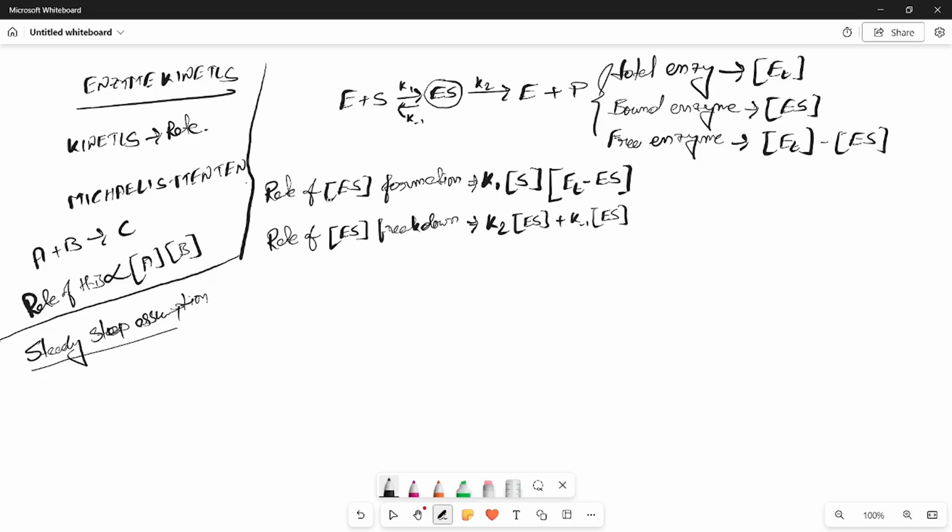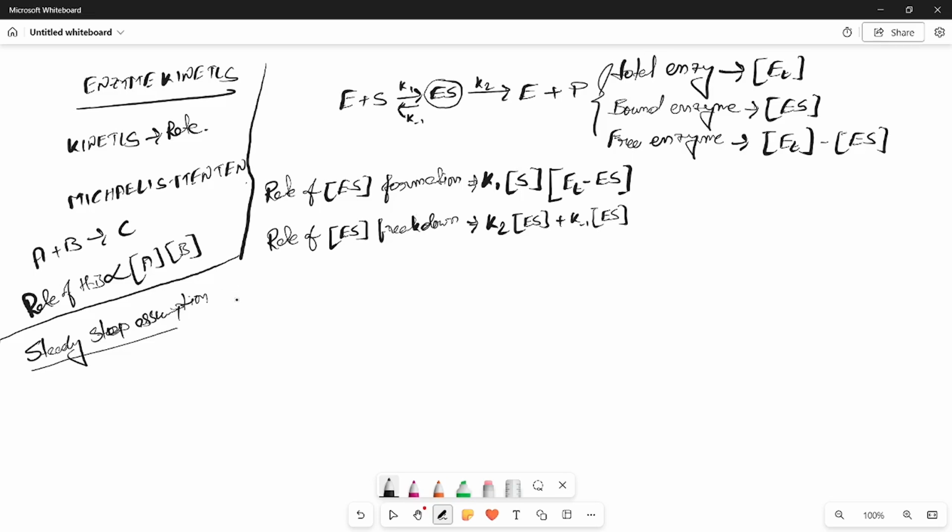This is very simple. Rate of enzyme substrate complex formation is equal to rate of enzyme substrate complex breakdown, means ES is constant. The concentration of ES is constant. The rate at which it is forming, at the same rate it is breaking. That is called the steady state assumption, and on this principle the entire enzyme kinetics stands.